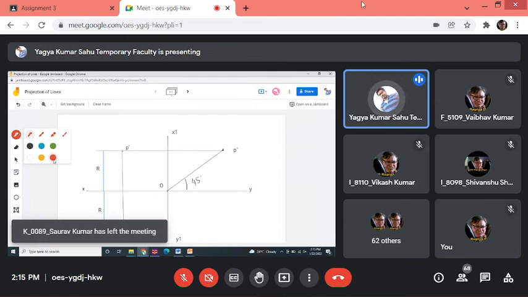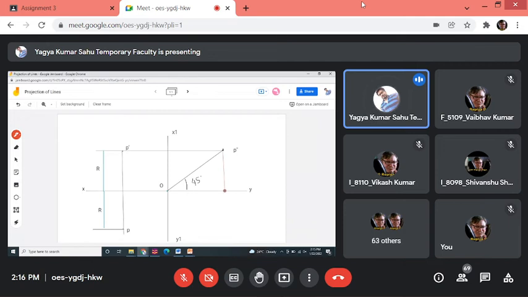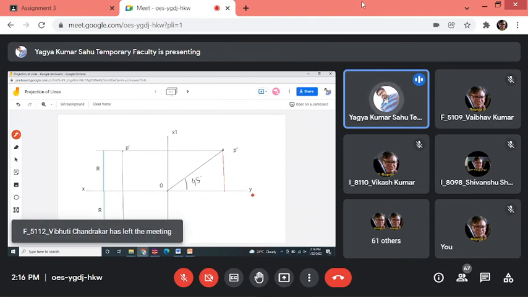The distance of the side view from the horizontal plane XY will be equal to the distance of the point from the horizontal plane. Whatever distance of the point is given from the horizontal plane, that much distance of the side view is to be taken from XY. Is it clear to all of you? In the first angle as well as in the third angle, the distance of the side view from XY equals the distance of the point from the horizontal plane, either above or below.